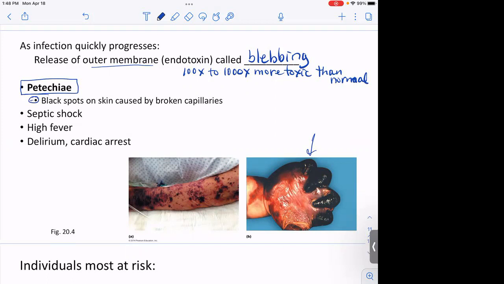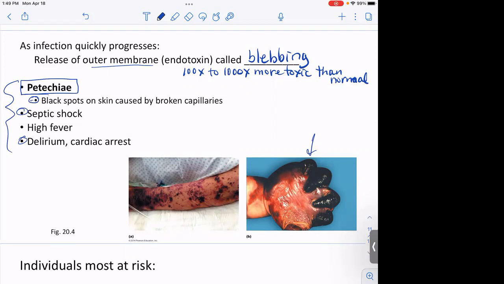Patients can go into shock because their blood pressure gets too low from that dilation of their blood vessels. A really high fever can cause neurological effects like delirium. We go into cardiac arrest. Without treatment, with these later signs and symptoms, patients usually die, almost 100%.